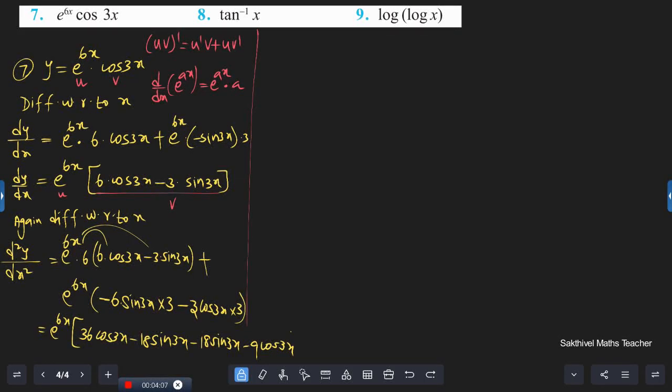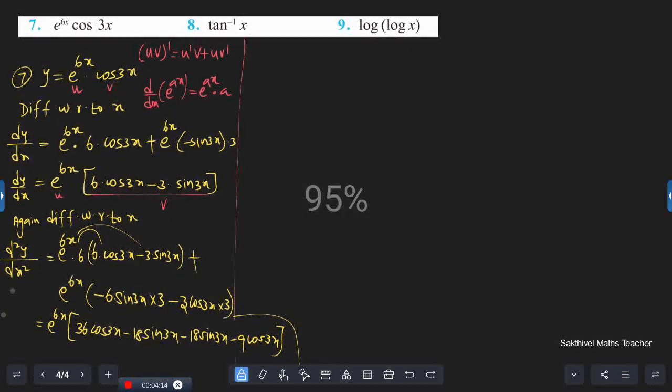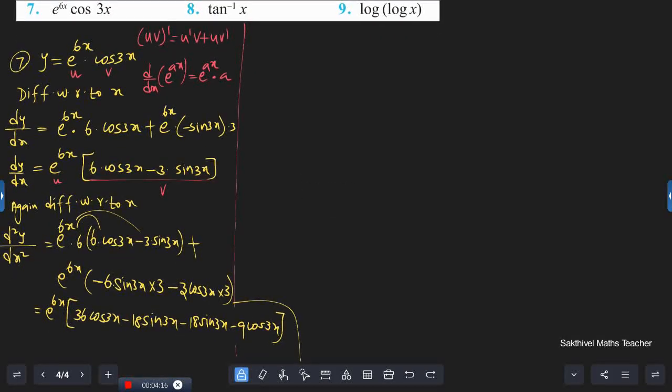Now if you simplify this, e power 6x we have 36 cos 3x minus 9 cos 3x. From 36 if you remove 9, I am getting 27 cos 3x. Both are negative, minus 18 minus 18, so minus 36 sin 3x.